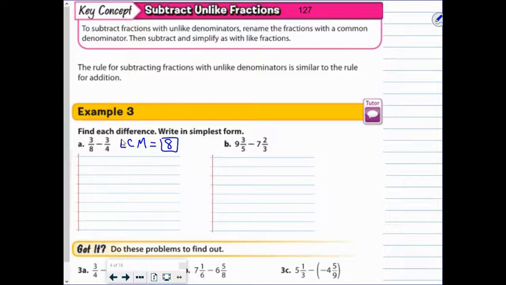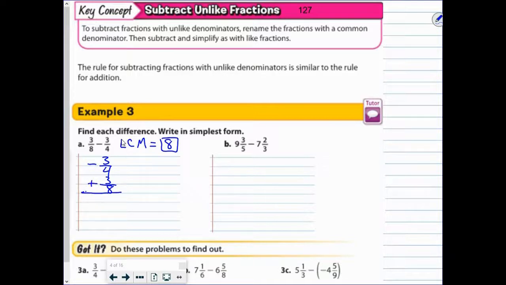But if you look, 3 is less than half of 8, where 3 is more than half of 4. So actually, negative 3/4 is going to look bigger than positive 3/8 once we get them over a common denominator.